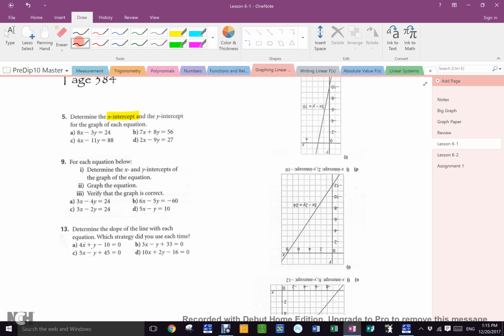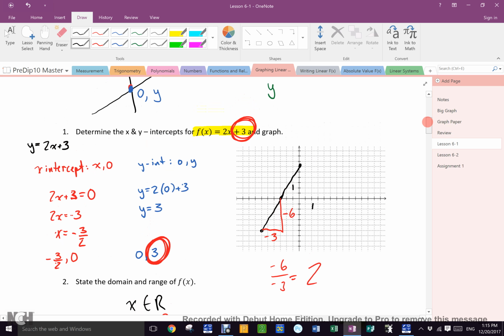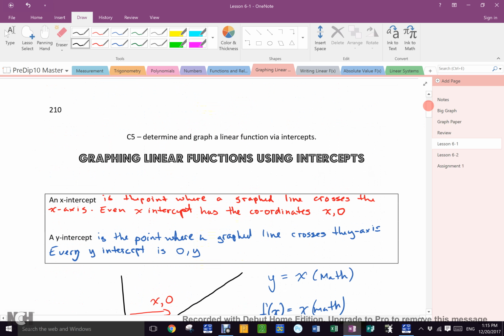Okay. So, Lauren, you are telling me that every single x-intercept was confusing? I just have no idea what I want. Well, I'm asking you now. What is every single x-intercept? x, 0, correct? Okay. You with me? Yeah.